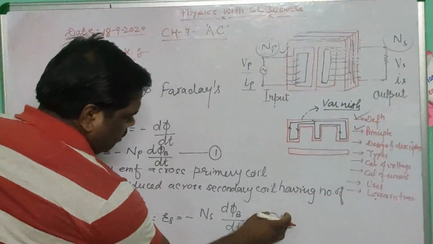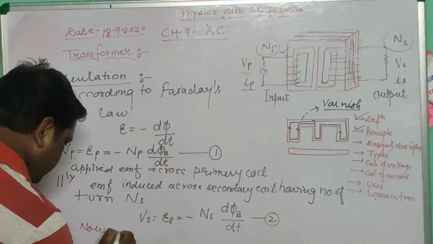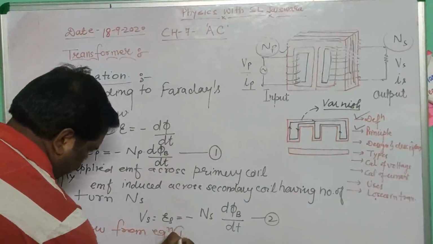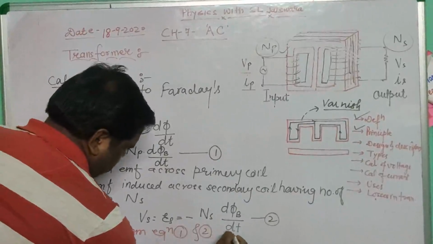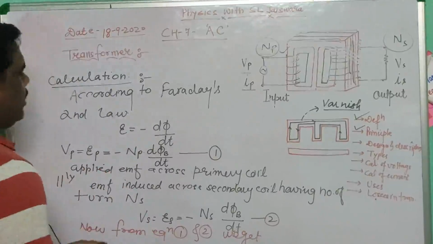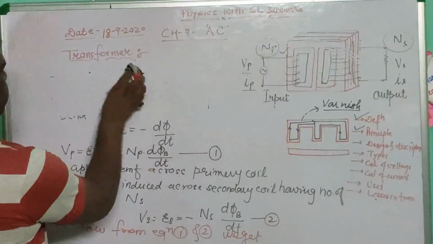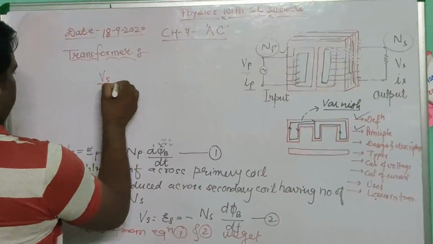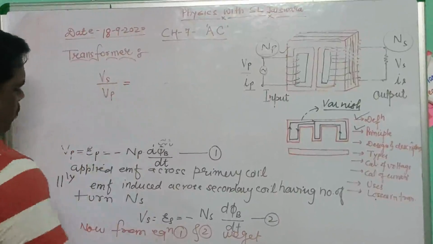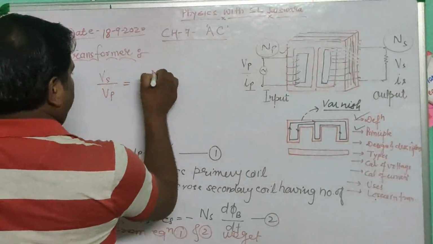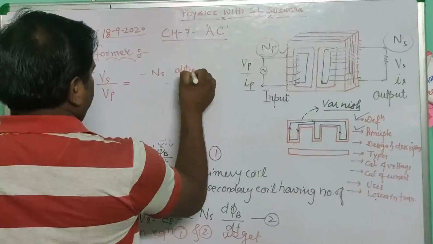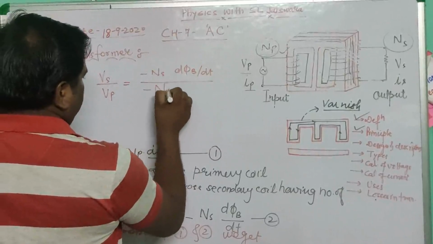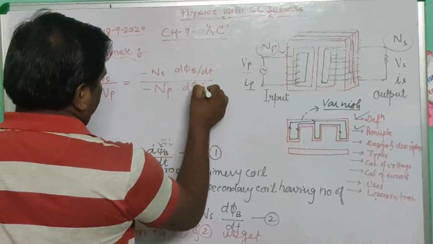just divide equation number 2 by 1. From equation 1 and 2 we get, see, Vs upon Vp will be equal to minus Ns d phi B upon dt divided by minus Np d phi B upon dt.